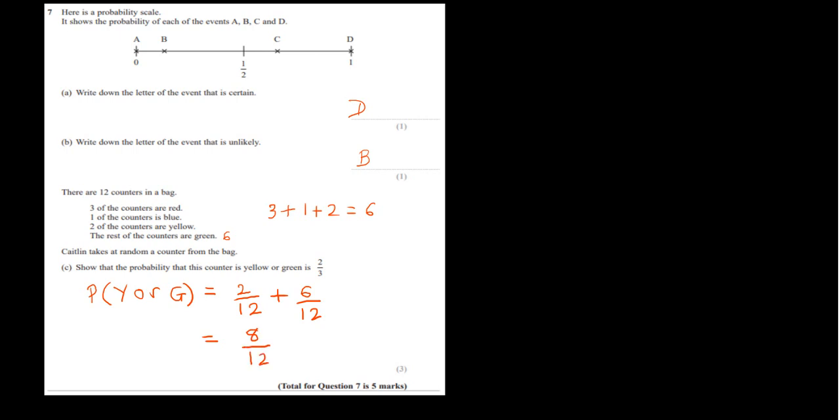Now you don't need to simplify unless the question specifies it. Over here it says the probability is 2 over 3. 8 and 12 come in the 4 times table, so we're going to divide both of these by 4. And that would give us 8 divided by 4 is 2, and 12 divided by 4 is 3. And there we go. We've got that same probability over here. Alright, let's move on to the next question.